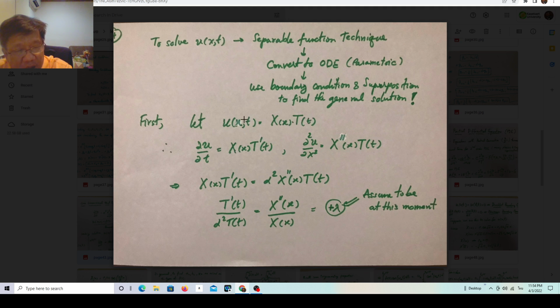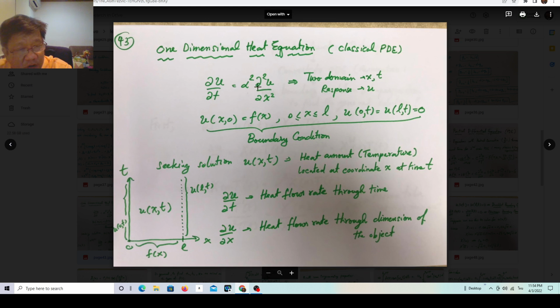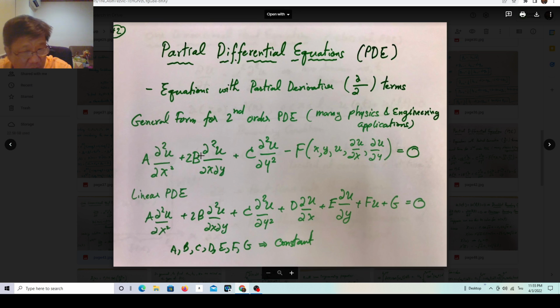Then you put u of x,t into the original partial differential equation that you are interested in. In this case, we're going to use the heat equation from physics to solve it. But in general, you can always apply this technique to this form of partial differential equation.